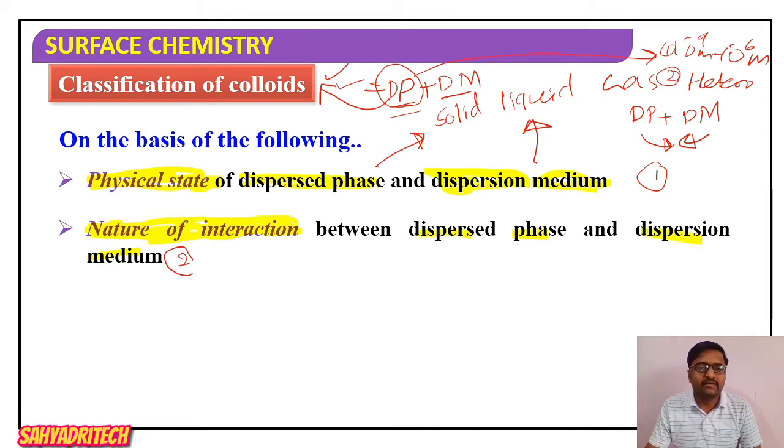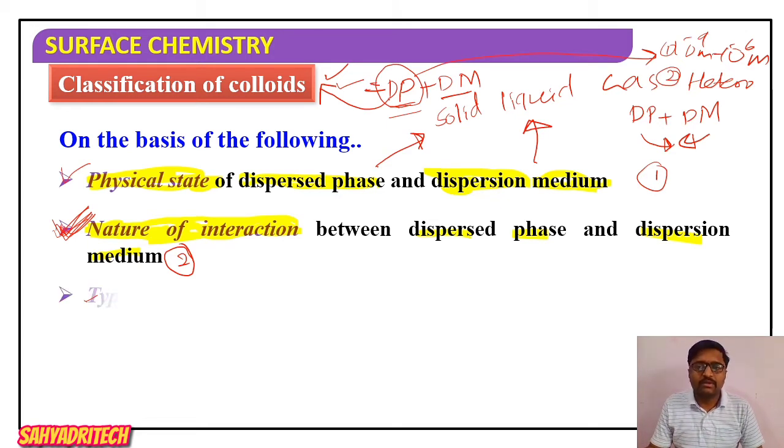This is the second way of classification. First, based on the physical state of dispersed phase and dispersion medium we can classify colloids. Second is based on the nature of interaction between dispersed phase and dispersion medium.